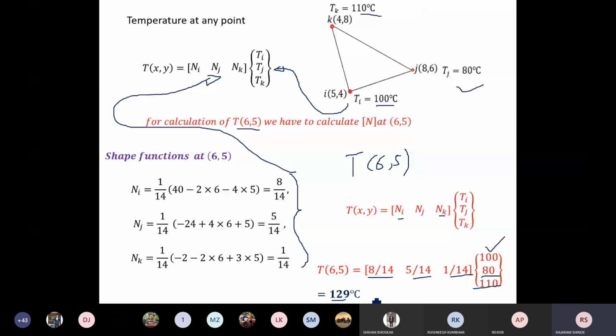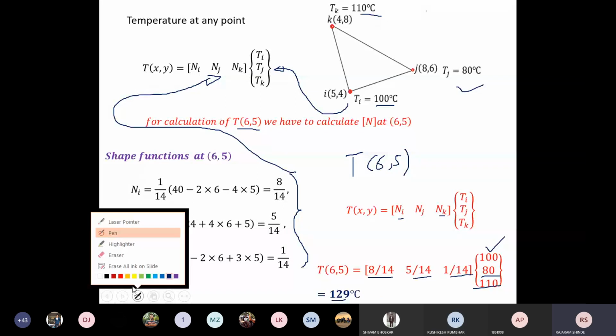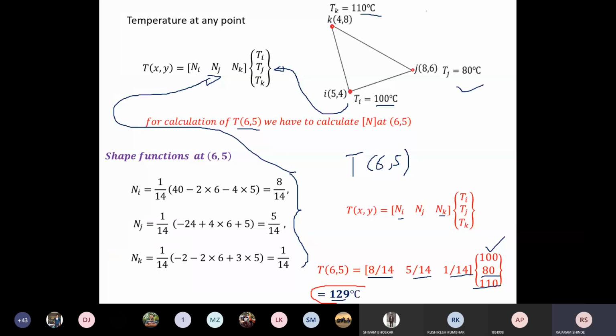Okay. Now see why I have written this as a wrong answer. In the notes also it is the same thing. See here in unit test 1, I asked one problem on thermal analysis. In that, the temperature of the rod at one end is 80, and you got the temperature at this end as 83.